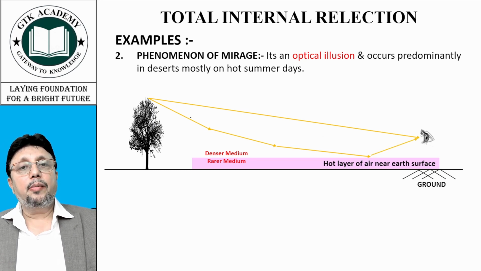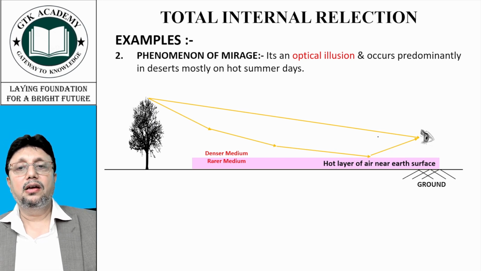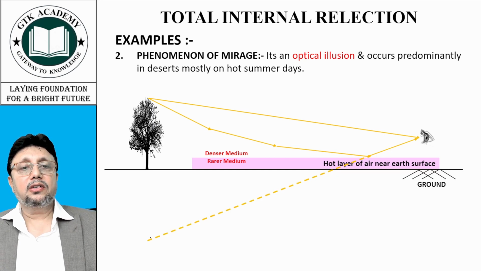Now this ray is coming from the top, but it appears to be coming like this way. So it appears to be coming from, say, beneath the ground. So if you trace this ray to ground, it will appear that ray is coming from this point.